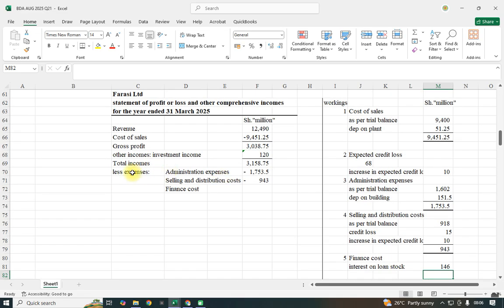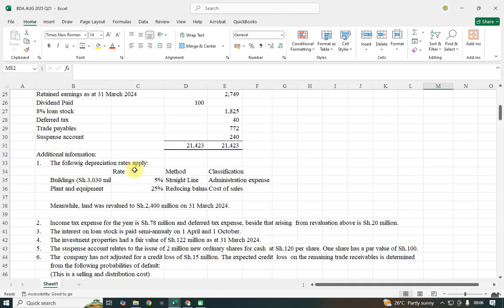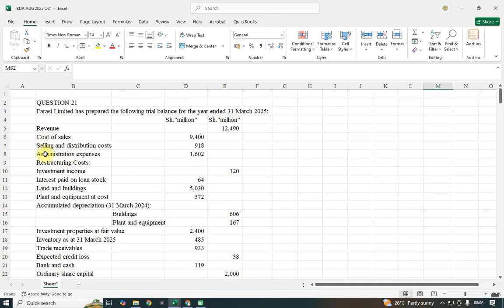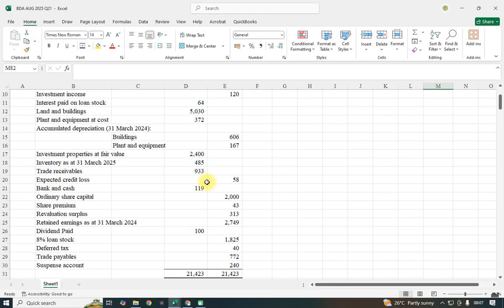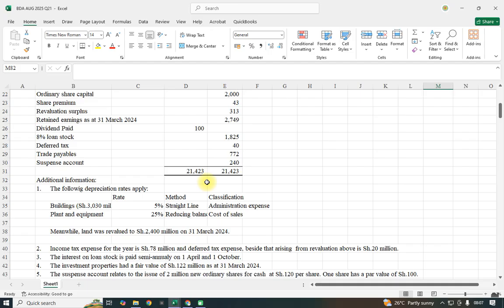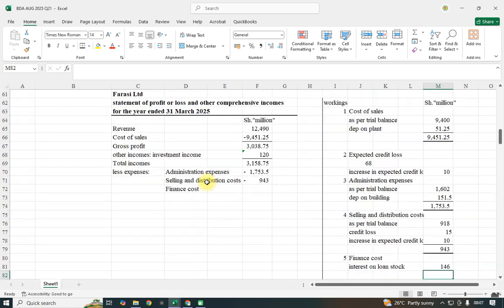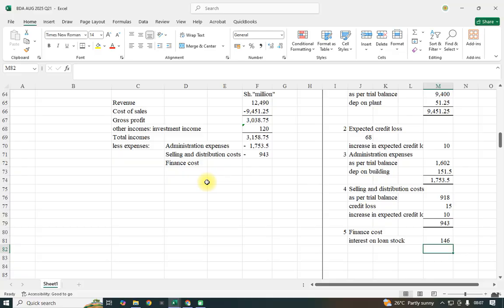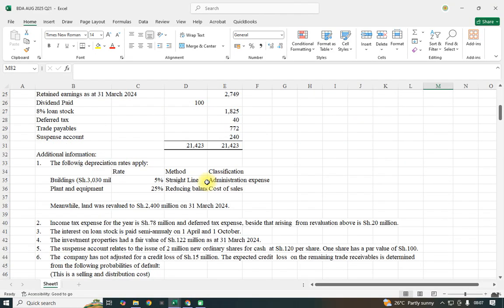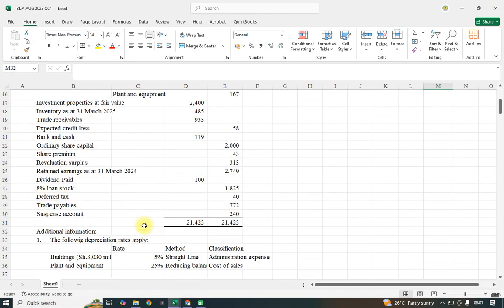So you're supposed to pay 146 as our interest. But we need to know how much we had paid. We had paid 64. Interest paid on the loan stock, 64, is what has already been paid. But remember the total is 146.